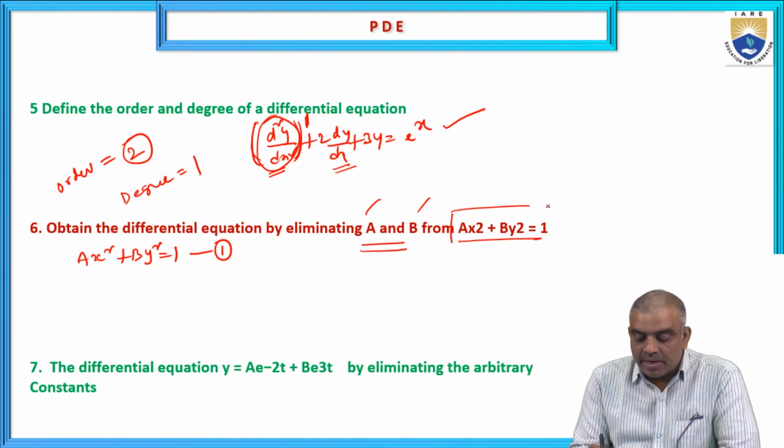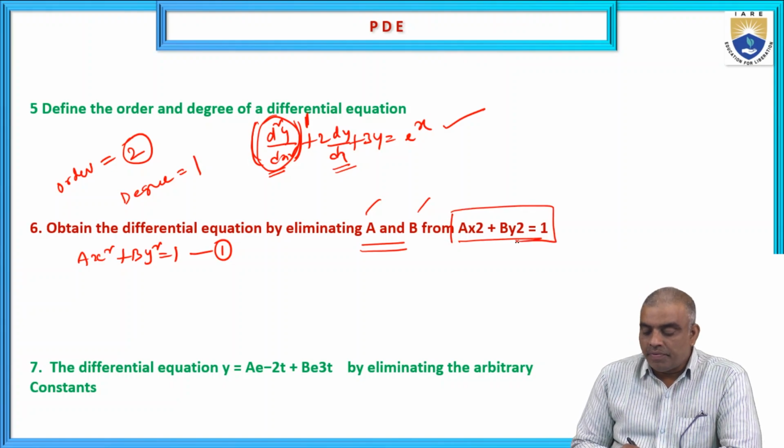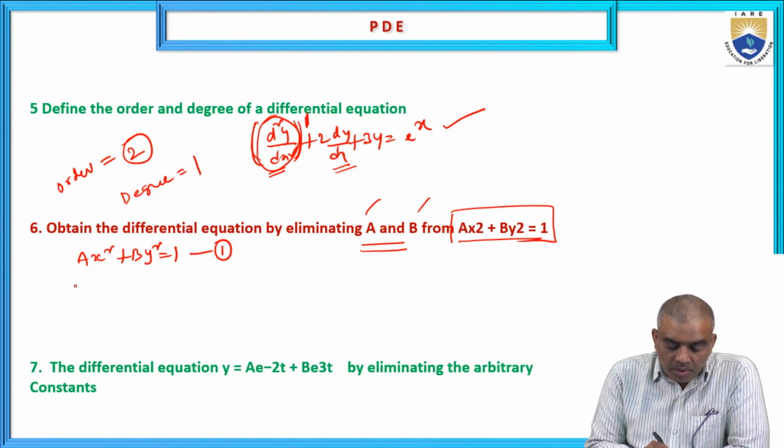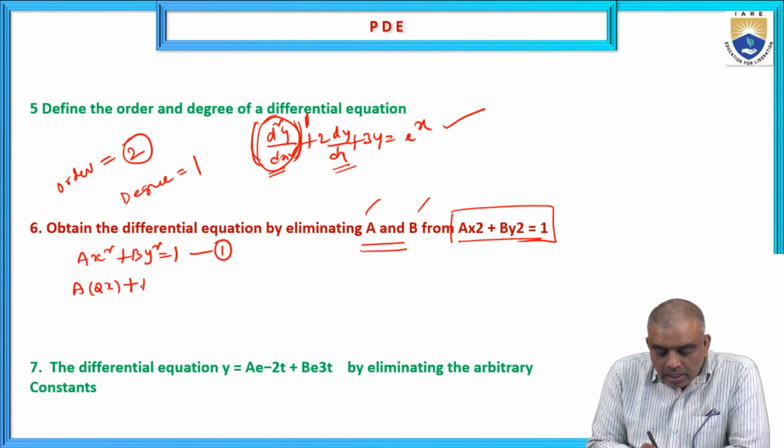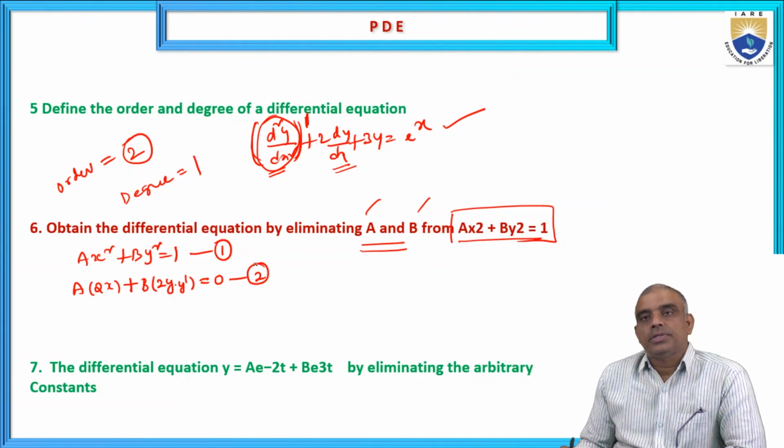differentiate equation 1 with respect to x two times. On differentiating with respect to x, a into 2x plus b into 2y into y dash is equal to 0, and this is the second equation.